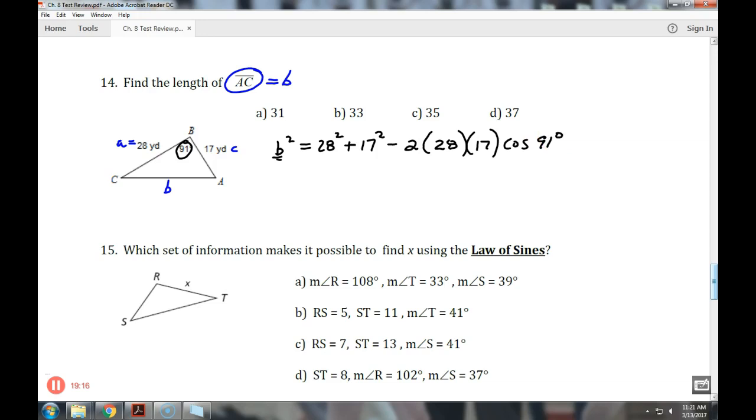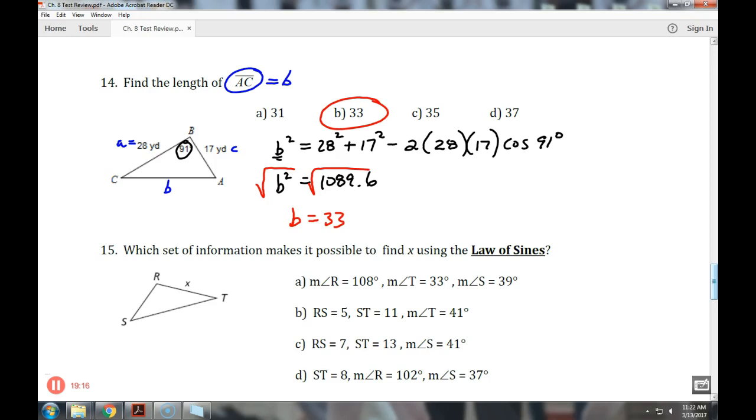I'm going to multiply all that out, and I believe I got 1089.6, which is way too big for a side, but I do remember, oh yeah, I got to take the square root of both sides. So when I take the square root of both sides, the square root of 1089.6 is roughly, if I can punch the right keys in here, about 33. So correct answer there is B.